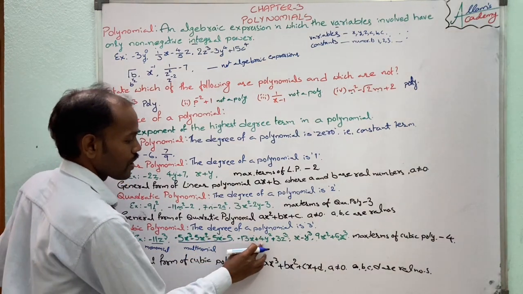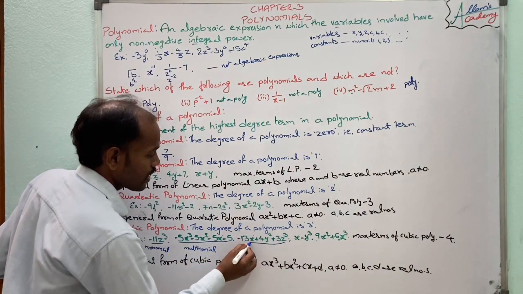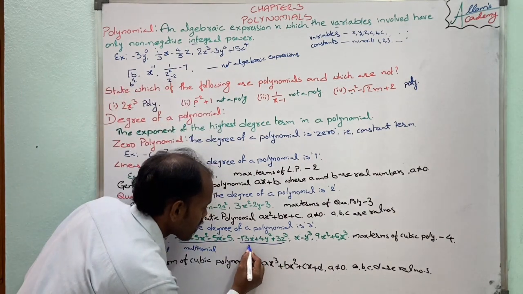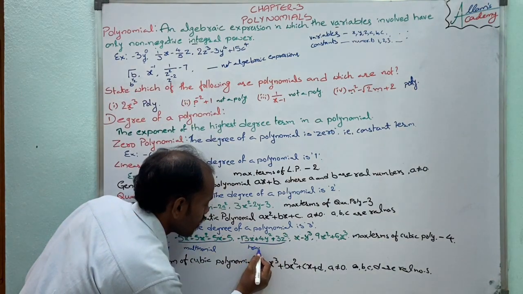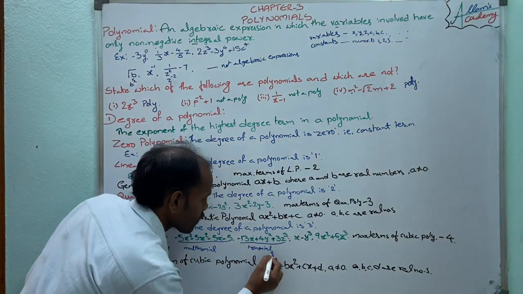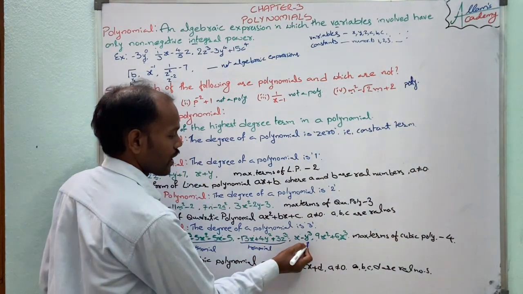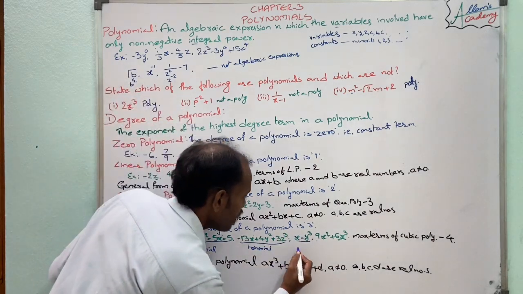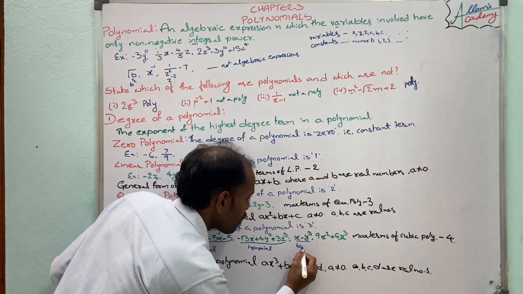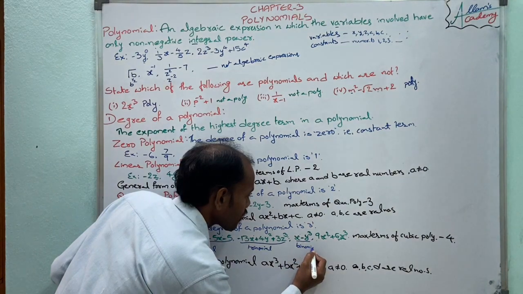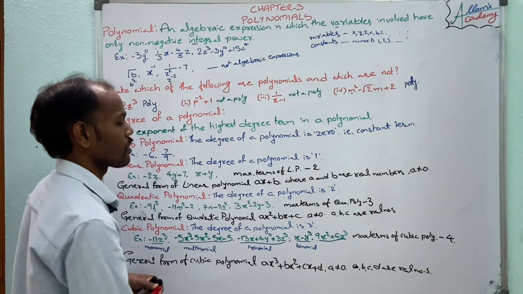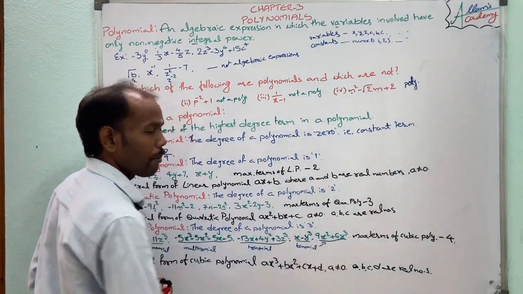Here they have only 3 terms, so a polynomial containing 3 terms is called a trinomial. Here only 2 terms are contained, that is called a binomial. And in this example also there are only 2 terms, so it is also a binomial.